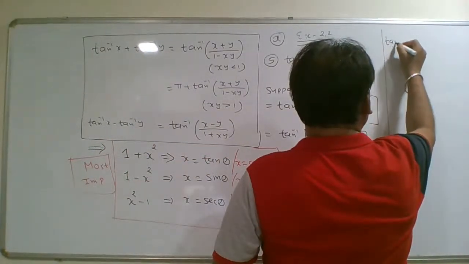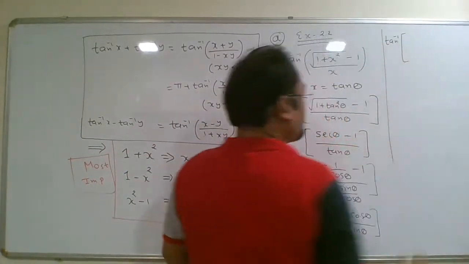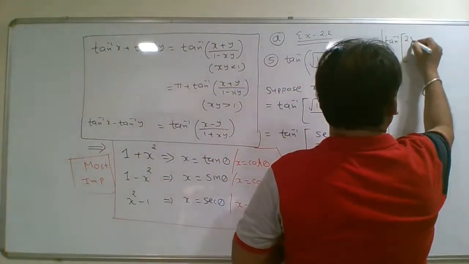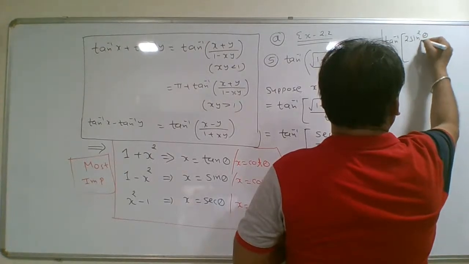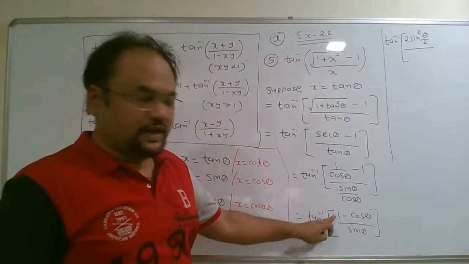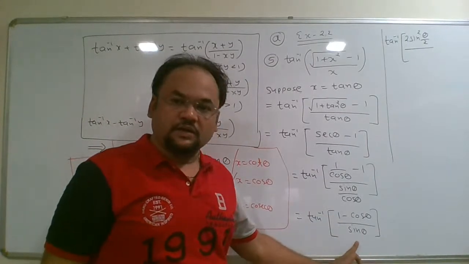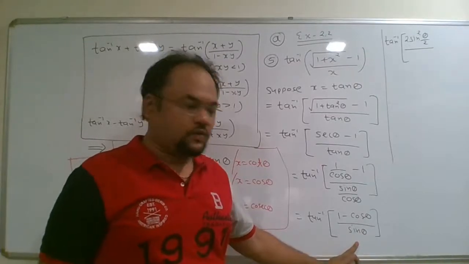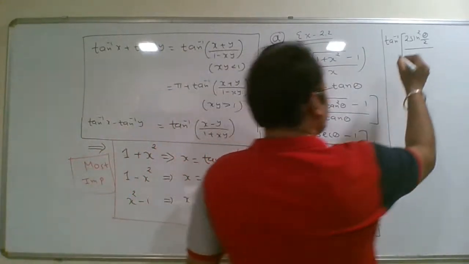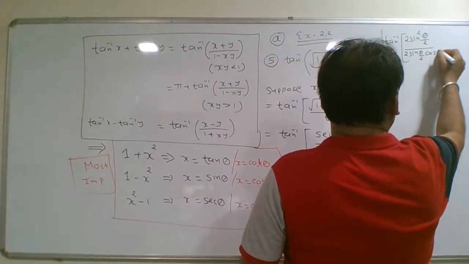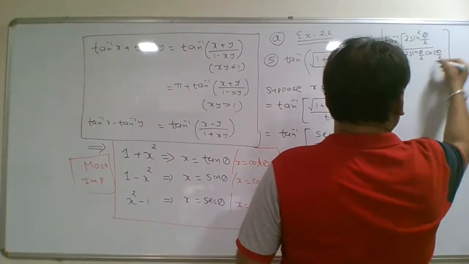So tan inverse of 1 minus cos theta is 2 sine square theta by 2. And the formula of sine theta is 2 sine theta by 2 into cos theta by 2.